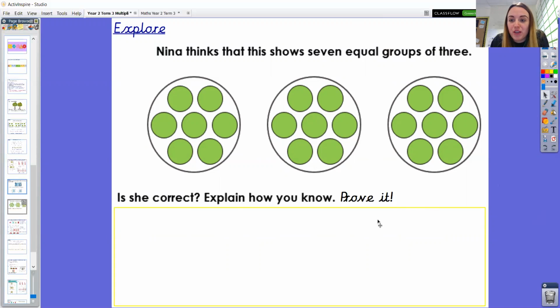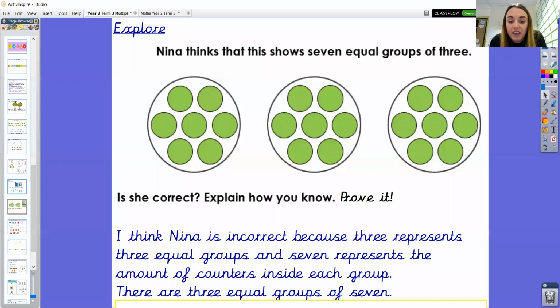Well done, Year 2. So I'm going to share with you an example of my explaining, which might be similar to what you have shared at home, either through writing or in discussion with the adult helping you. I think Nina is incorrect because 3 represents 3 equal groups and 7 represents the amount of counters inside each group.